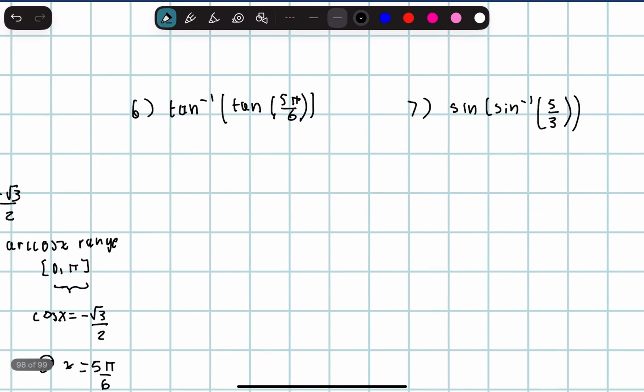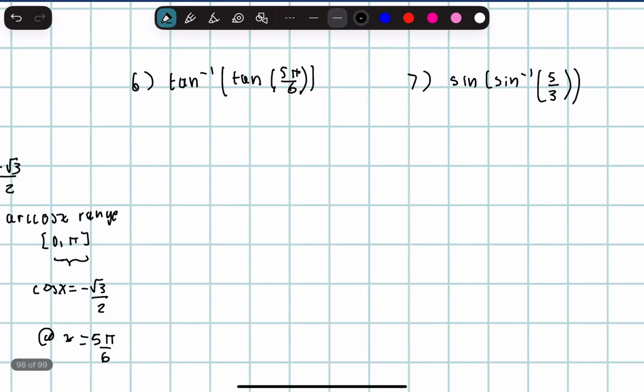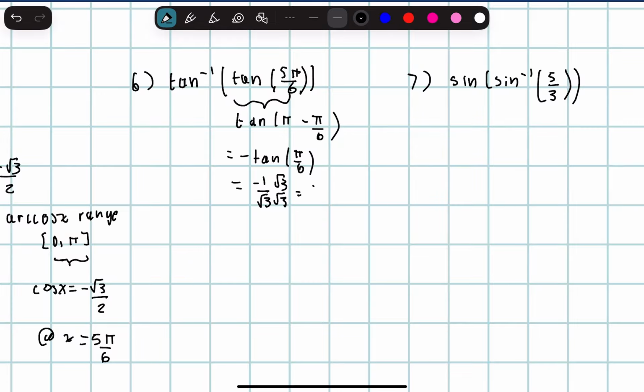So, yay. Now we have these. So tan of 5 pi over 6, you can rewrite as tan of pi minus pi over 6. That's going to equal negative tan pi over 6, which is going to equal negative 1 over root 3. Rationalize that denominator: negative root 3 over 3.